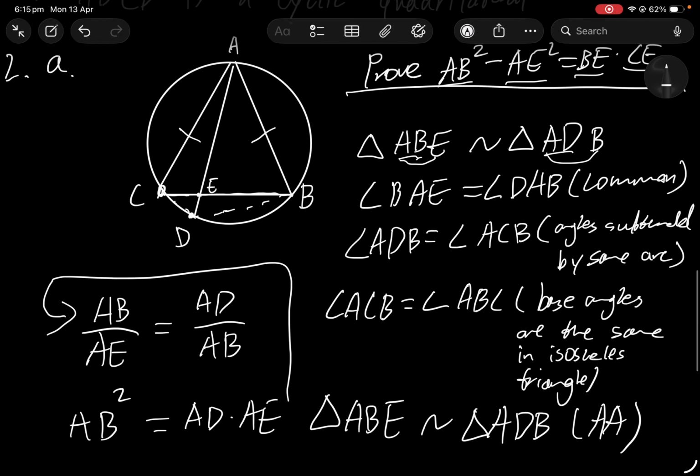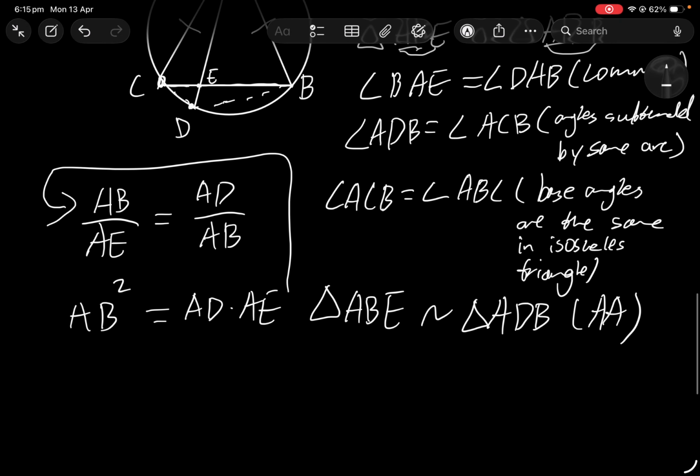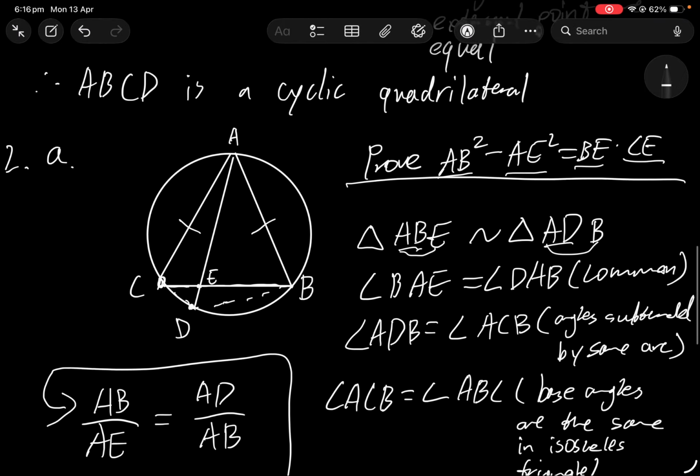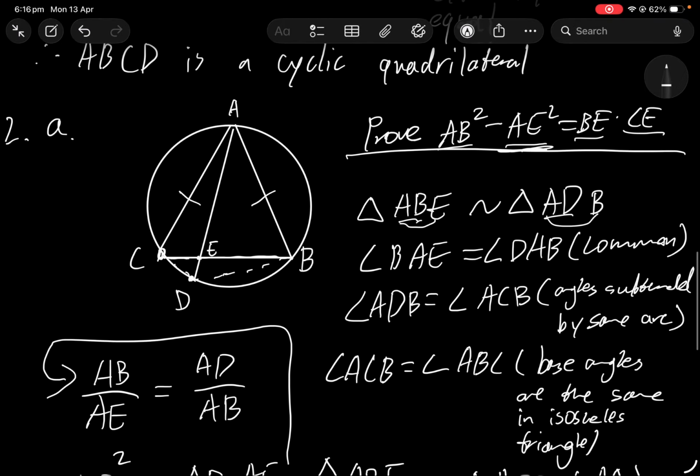And since we know that AD just equals AE plus ED, we can put that into the equation to make AB squared equals AE plus ED times AE, because we want AE squared.